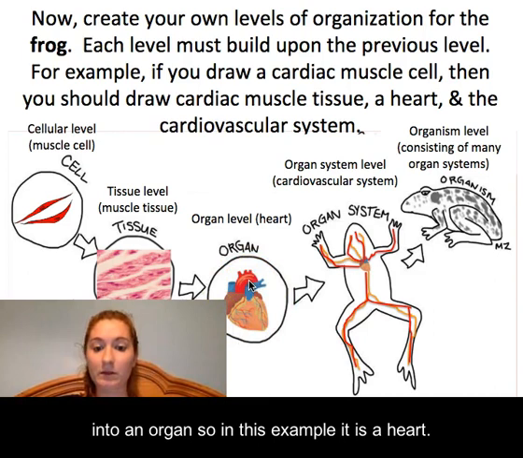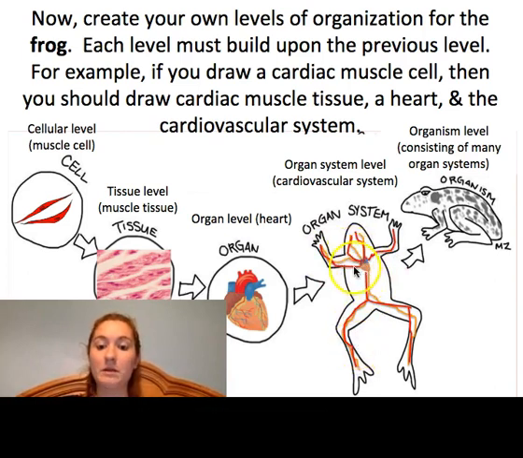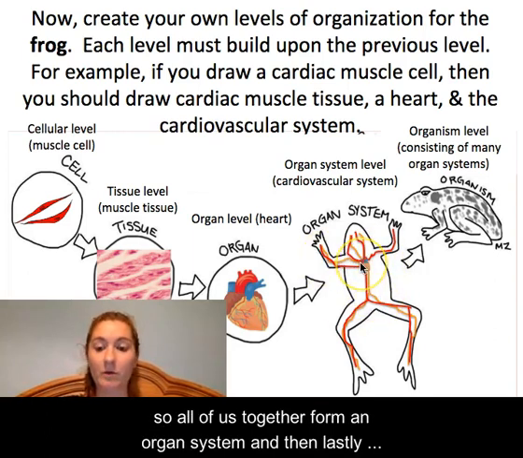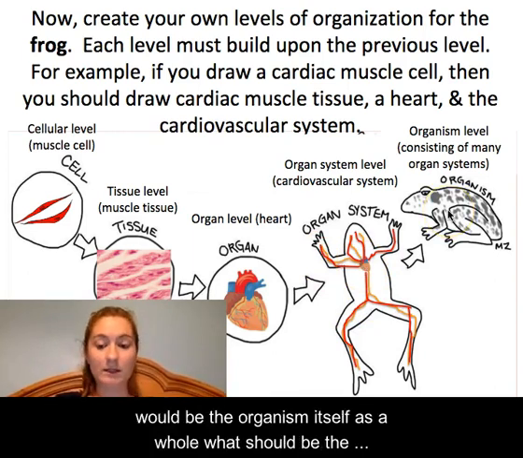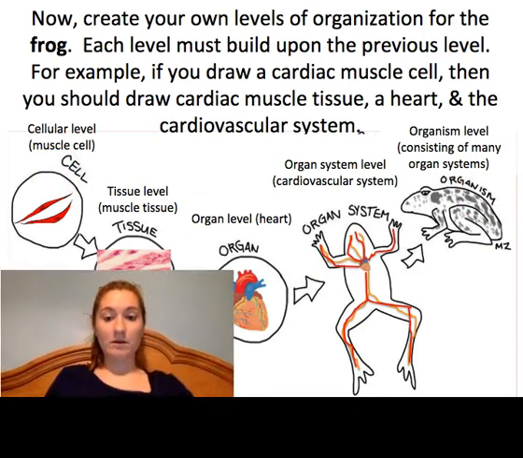In this example, it is a heart. Then the organ system is made of all the organs in the frog, so the digestive system, the cardiovascular system with the heart, the nervous system. All of those together form an organ system. And lastly would be the organism itself as a whole, which would be the whole frog. So it goes from the smallest to the largest in the organization of the system.